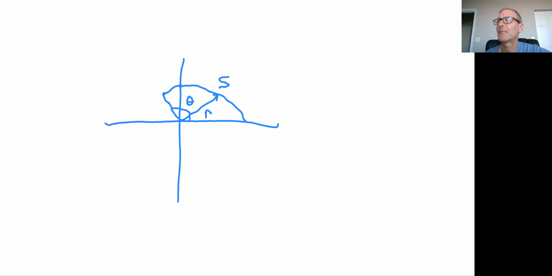And the idea with regards to the definition of this angle is that the angle is defined by the circumference divided by the radius. And this is what makes radians an important idea in real world applications: it is a dimensionless quantity. What do we mean by that?